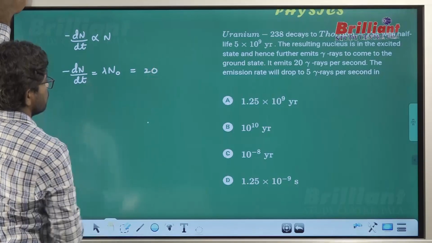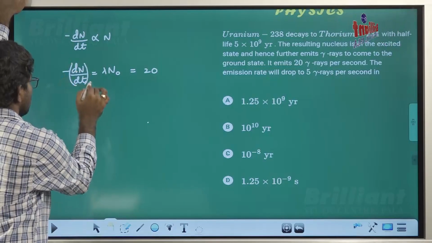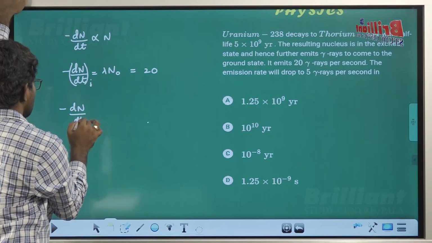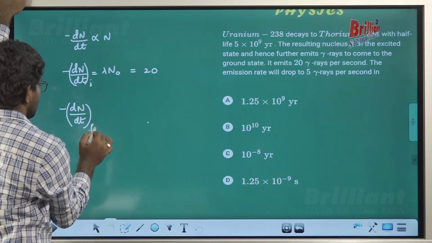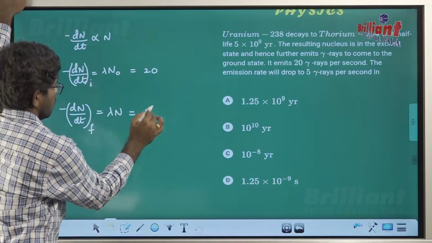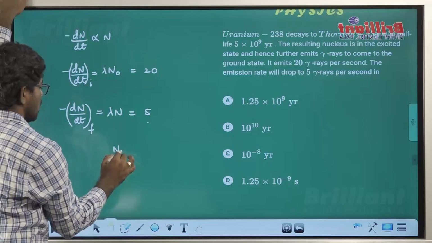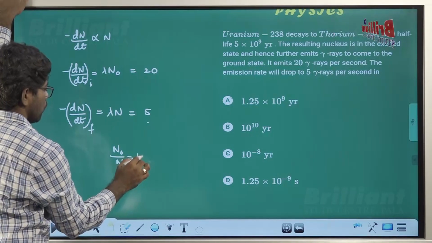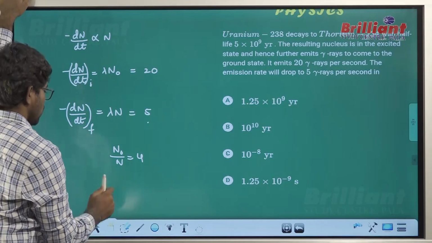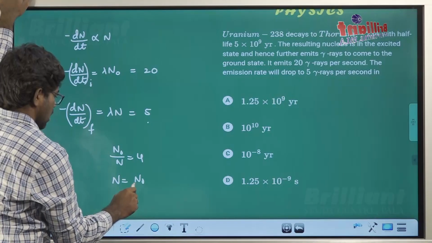Later, dN by dt, that is lambda into N, is 5. Then what do you say from this? N naught by N equals 4, right? And so N equals N naught by 4.